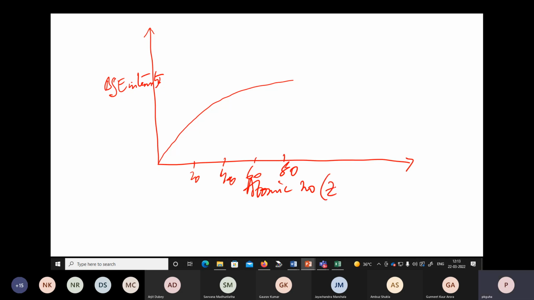So atomic number is basically Z. As you increase Z, your backscattered electron intensity will increase. Backscattered electrons are those that are scattered backward and emitted out of the specimen.